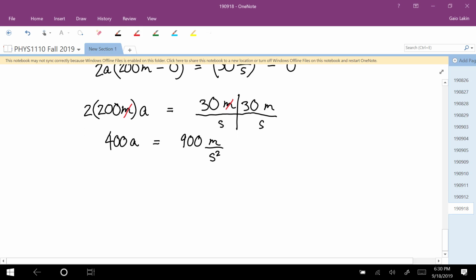And so now divide both sides by 400 and you get A is equal to 2.25 meters per second squared.